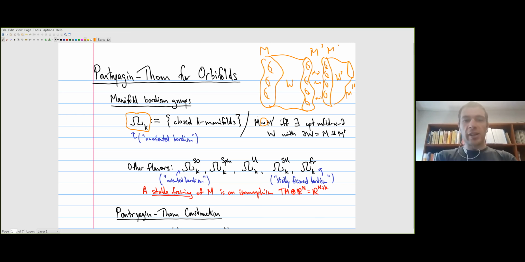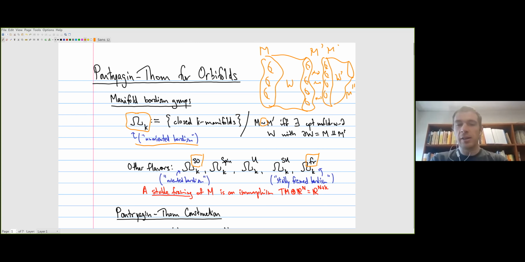So this is unoriented bordism because I didn't say anything about my manifolds carrying an orientation. But if you want to consider bordism of oriented manifolds, you certainly can, or bordism of other manifolds with other sorts of structures, like a spin structure, or maybe a stable almost complex structure on the tangent bundle, or a stable framing.